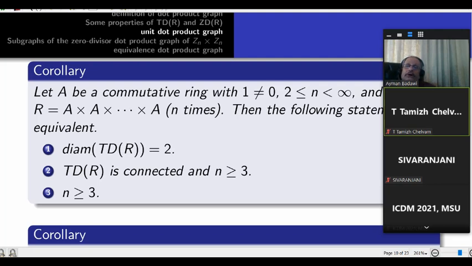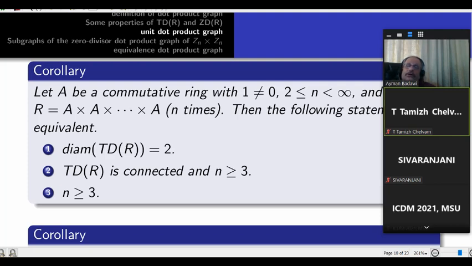All right. Here is another connection between the structure of the ring and A. A is your ring, R is the n copies of A. If you tell me the total dot product graph is connected and n is bigger or equal to 3, then I can tell you that the diameter of the total dot product is 2.